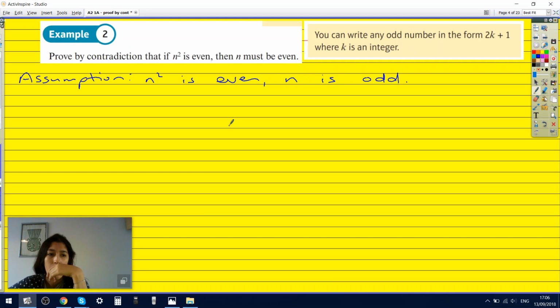Then n squared equals an odd number like 2k plus 1, so 2k plus 1 squared equals an even number. Maybe expand this bracket?